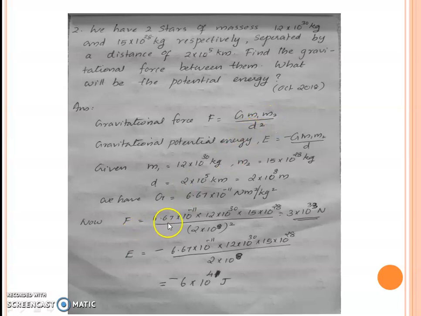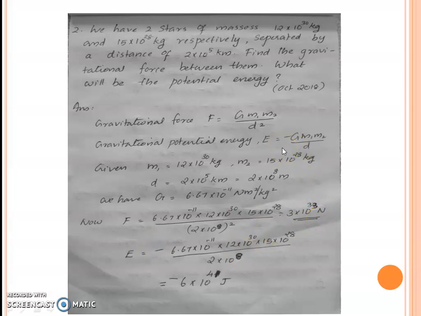Then we will get F equal to 6.67 into 10 raised to minus 11, which is G, and m1 is 12 into 10 raised to 30, m2 is 15 into 10 raised to 28, divided by d square, which is 2 into 10 raised to 8 whole square. Now by calculating these values, we will get the force as 3 into 10 raised to 33, and the unit of force is Newton.